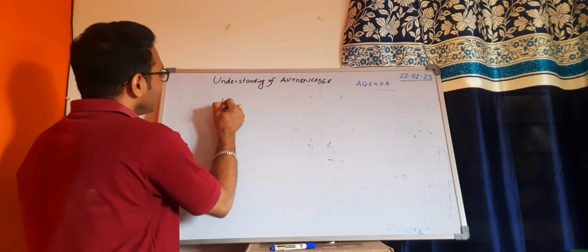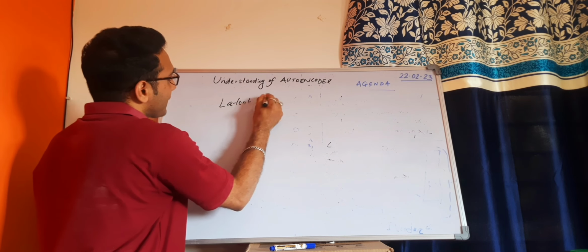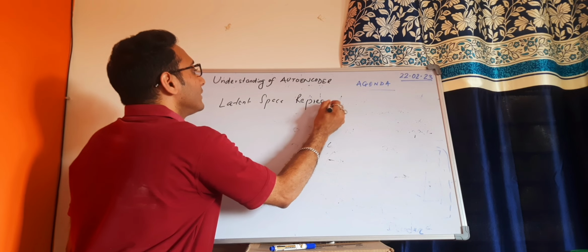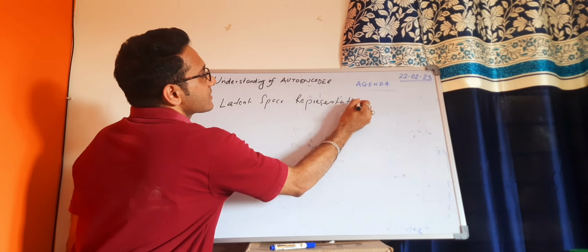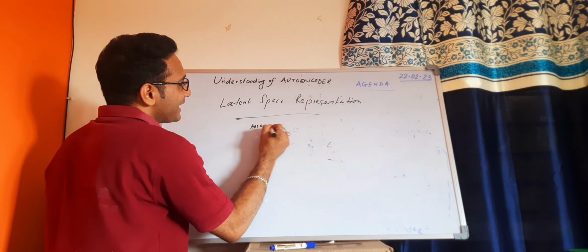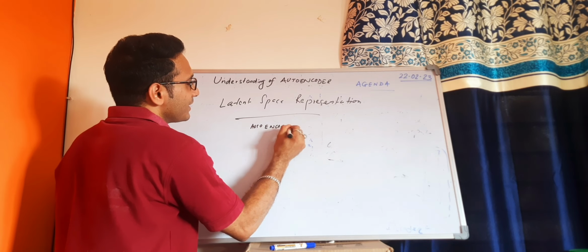So how is latent space representation? This is the major crux of autoencoder. Why I am saying the major crux of autoencoder?